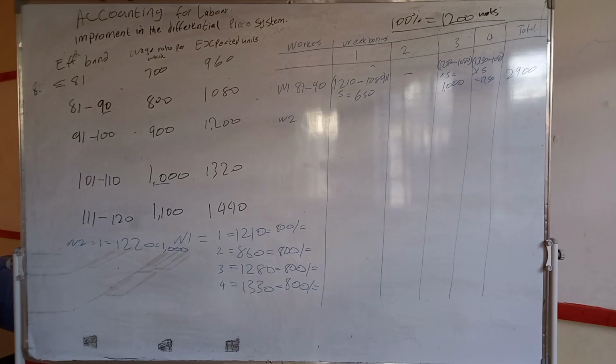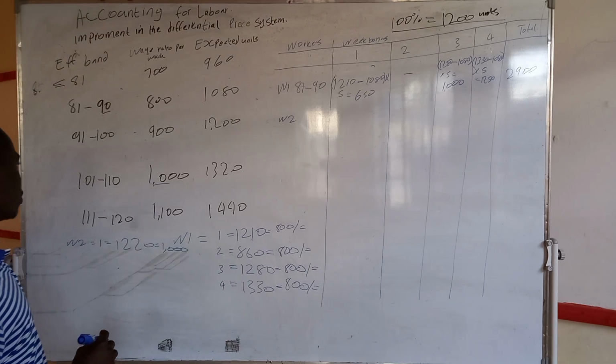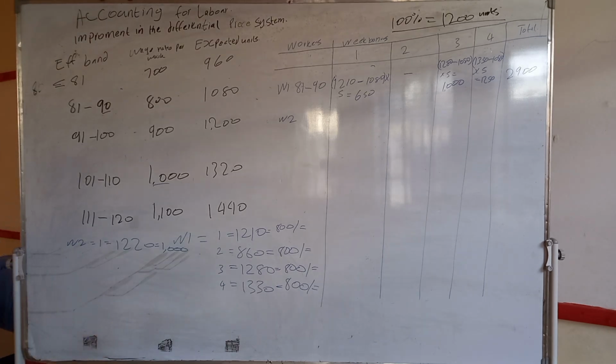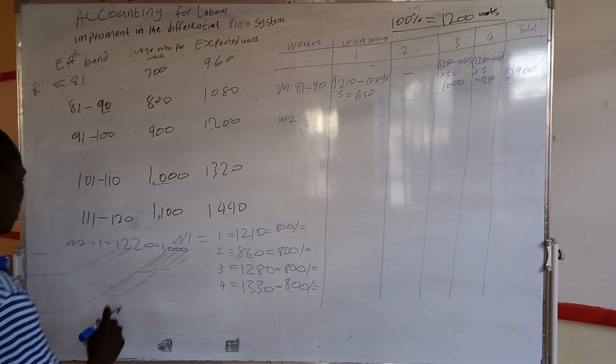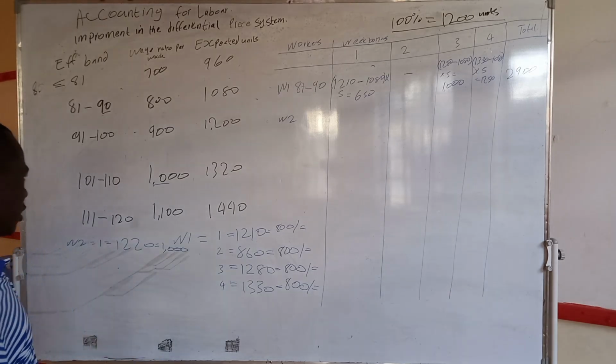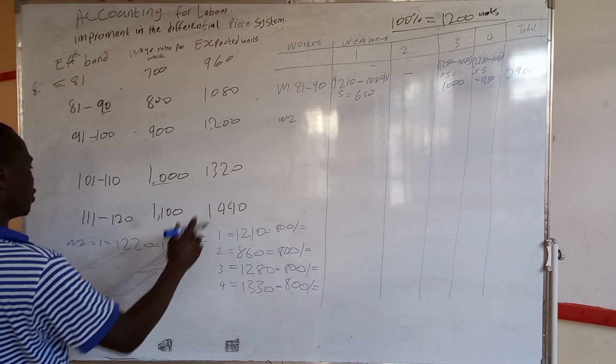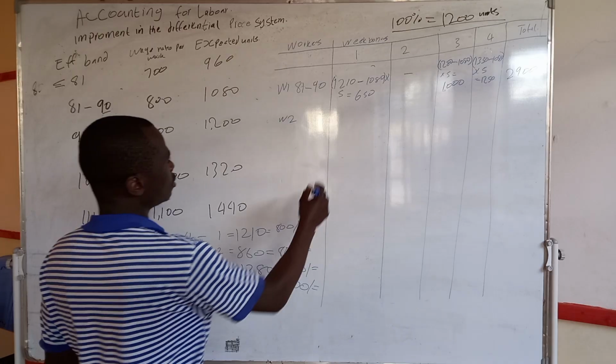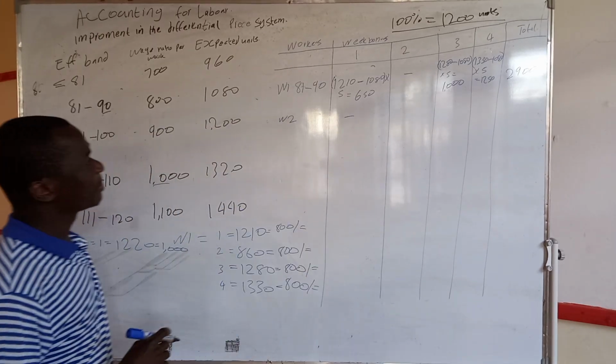Did he surpass the minimum production expected? 1,220 is below 1,320, so there is no bonus.